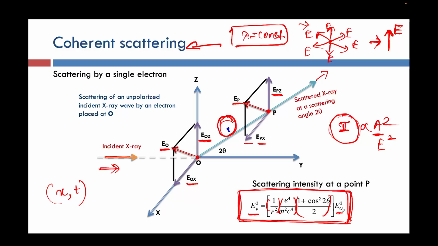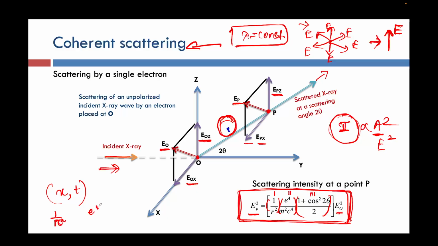So here if I break it down into 1, 2, and 3. If you can see 1 by r square, this r is the distance from the origin or the scattering center where you are calculating your scattering intensity, right?